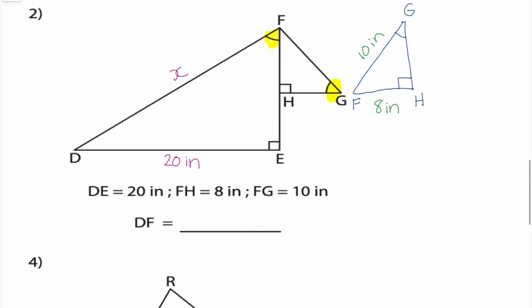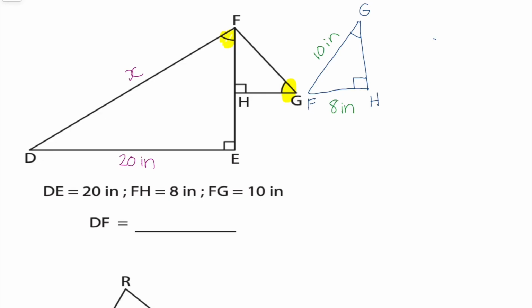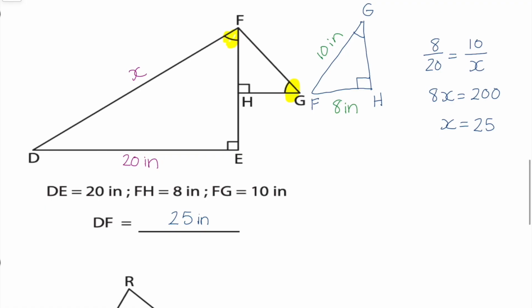So when I write out my proportion, I get 8 over 20 is the same as 10 over x. So I get 8x equals 200. X is 25. So be very careful with the orientation of the triangles. Pay attention to those angles and always feel free to redraw if that's going to help you.